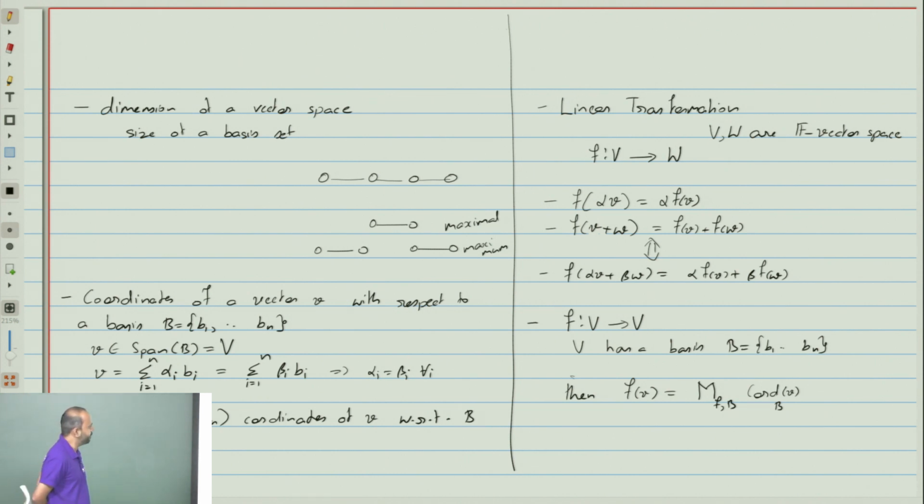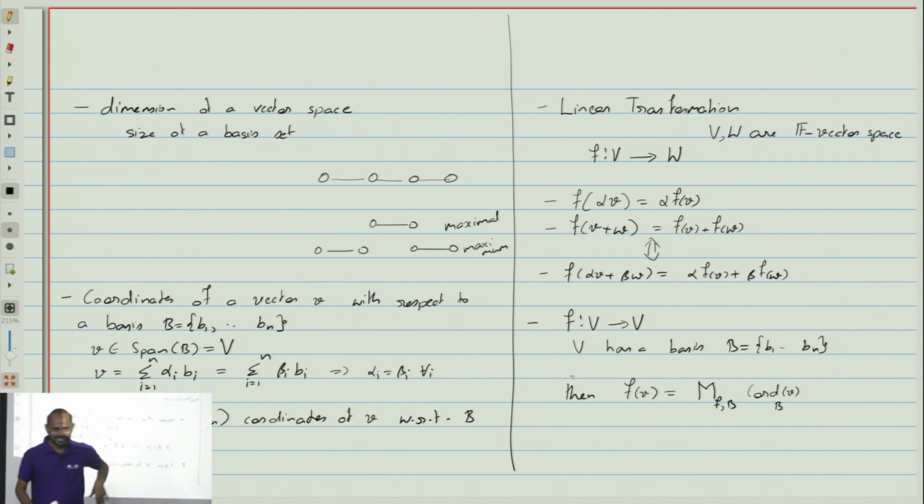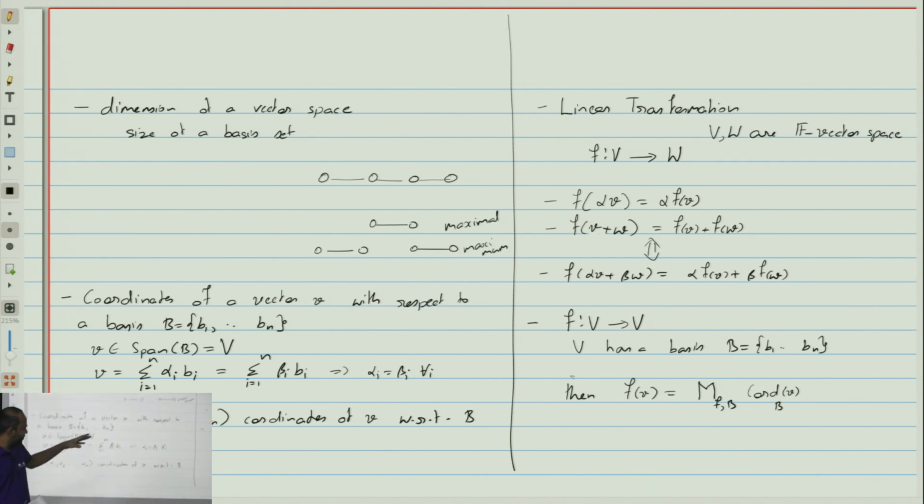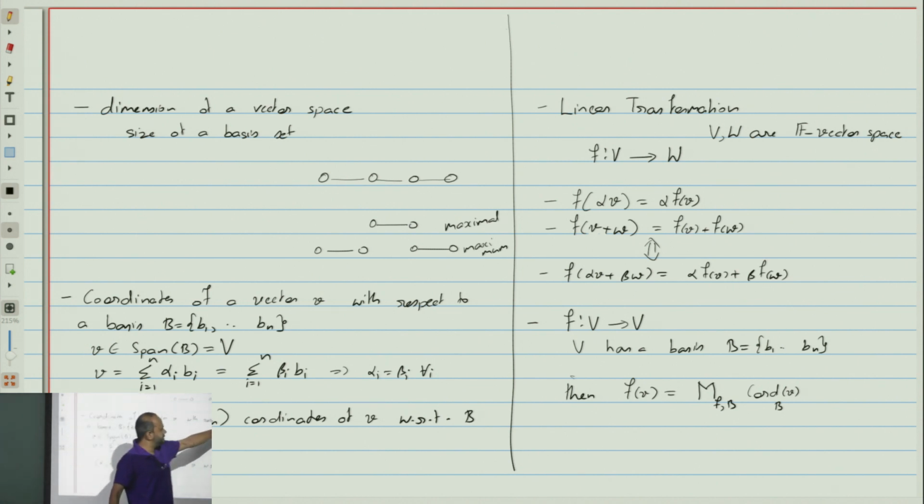You can verify that this condition is satisfied. Let us say you have a function which maps input x, y, z to 2x comma 3y. Does that satisfy this condition?